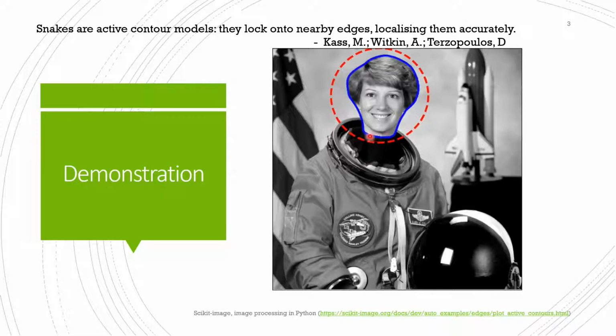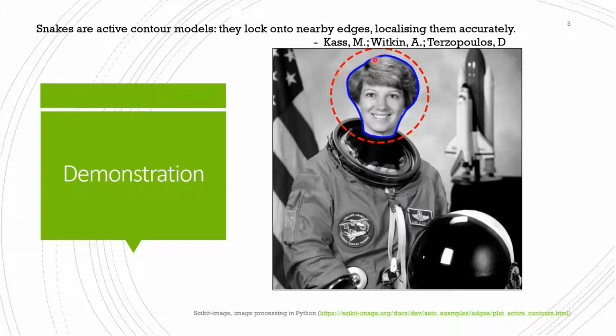And this blue line that we can see, that is the final position of the snake. The snake has actually started from this initialization in red color, and it has worked on minimizing its energy, and finally it has just locked around the surface of the target region.